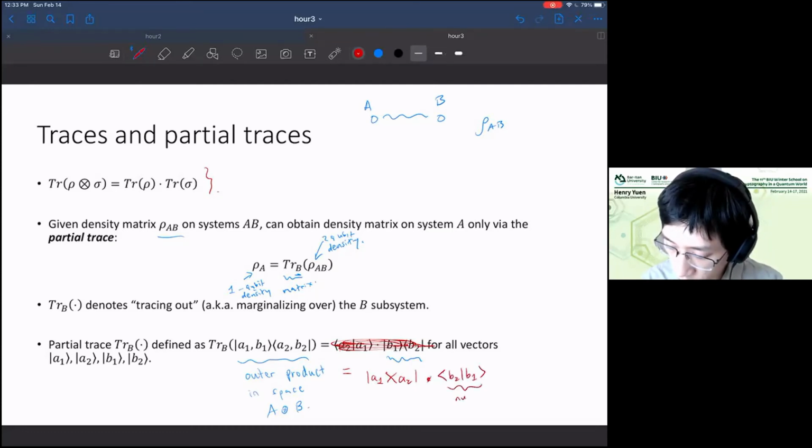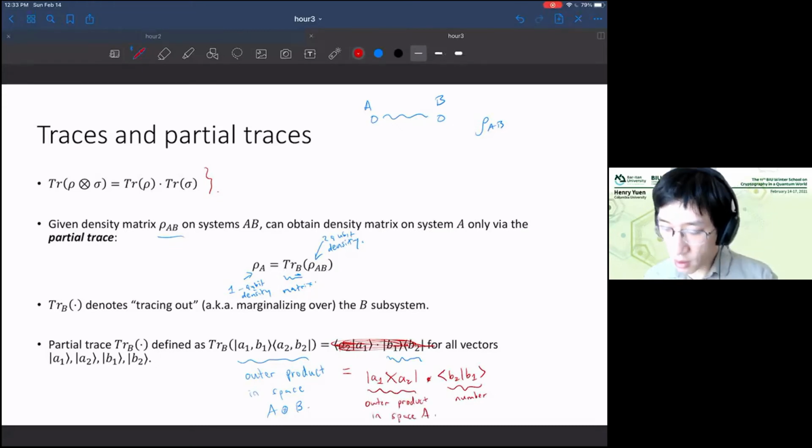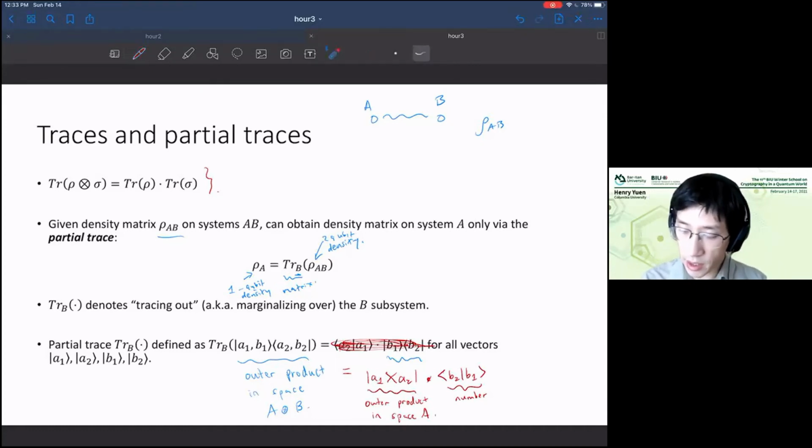So this is a number, and this is an outer product in the space A. And once we've defined the partial trace this way, then you can apply it to any matrix just by linearity, because you can always write every matrix as a linear combination of these kinds of outer products.